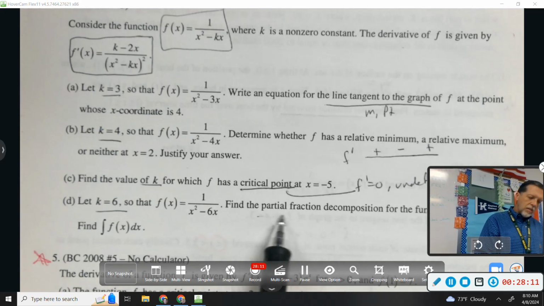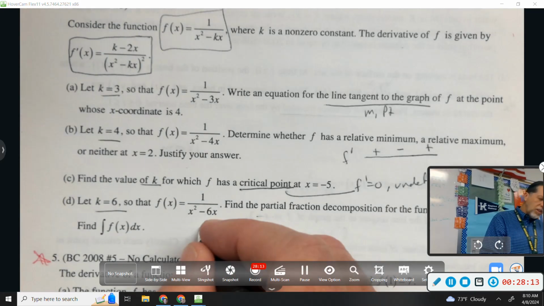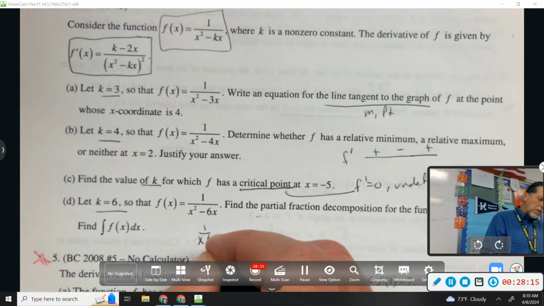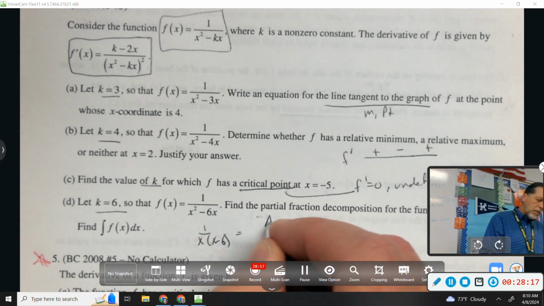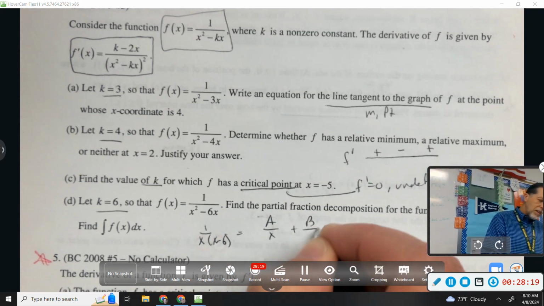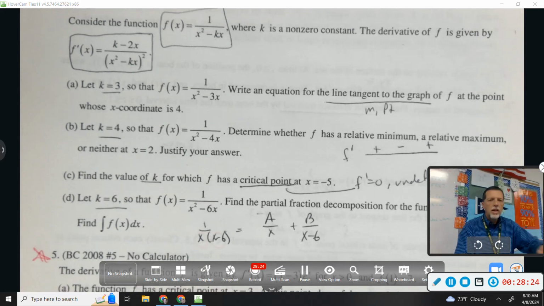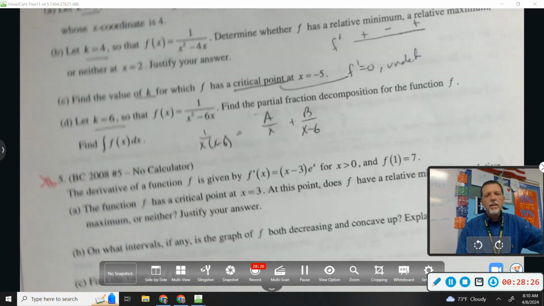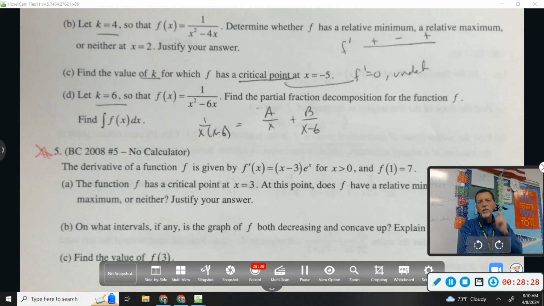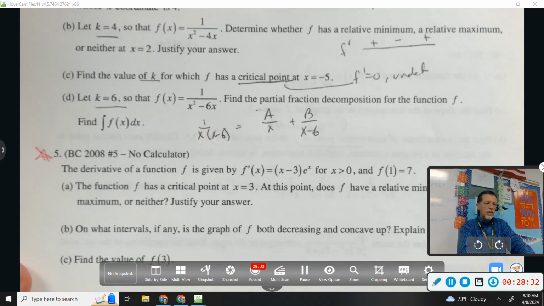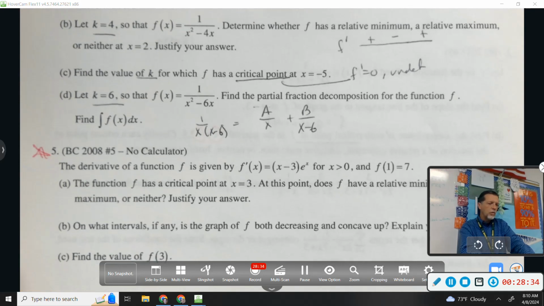And then partial fraction decomposition. I don't know if you remember what that is. That's where we set it up like this. And then integrate. So they'll probably both be natural logs going on there. Okay, so that's the quick walkthrough of number 4.